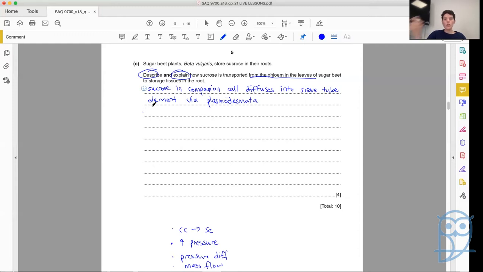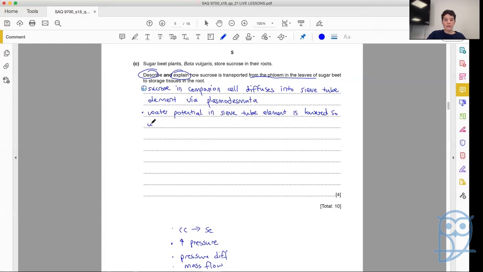Okay, so what happens next? We affect the water potential. Water potential in sieve tube element is lowered.